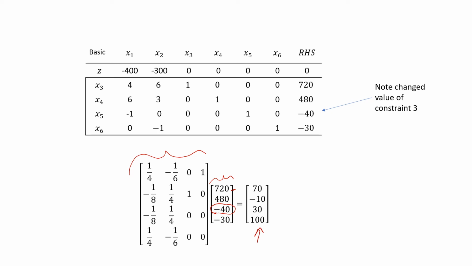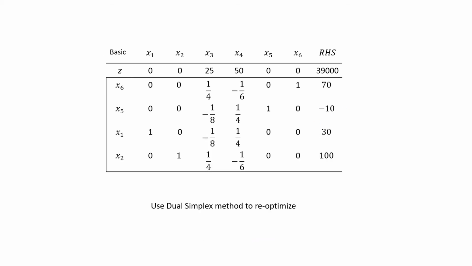Oh, this was our initial tableau, and it gives you the new right-hand side. That's the only thing that's changed. In the new final tableau, these numbers are going to be the right-hand side. As we see here, here is our new right-hand side. Here is our new objective function value.